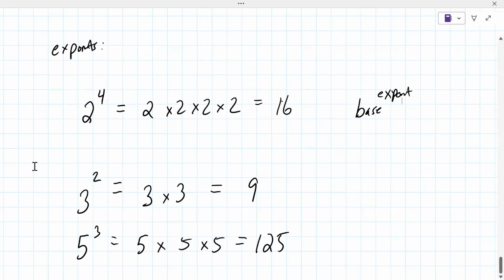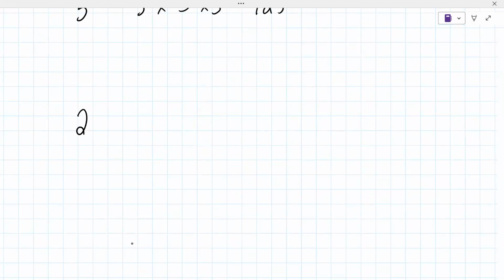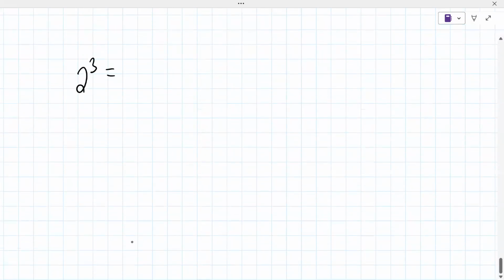So like what would 2 to the power of 3 be? 2 to the power of 3, it'll be 2 times 2 times 2, which will be 2 times 2 is 4, 4 times 2, which would equal 8.